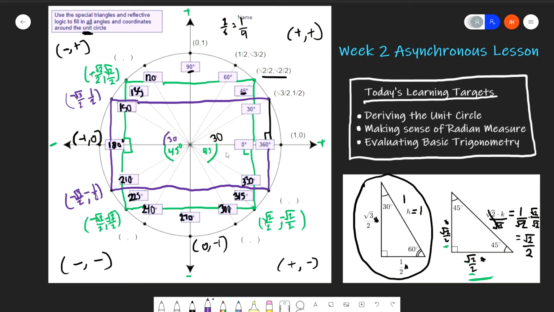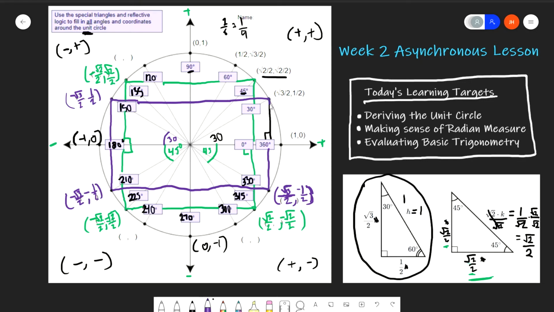Drop that, and I see that, okay, it's a positive root 3 over 2, comma negative, oh, that's not positive. This is positive root 3 over 2, comma negative 1/2, right? So those are the coordinates for all the 30-degree angles around it in the purple box.